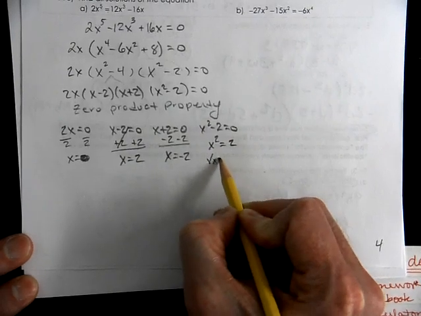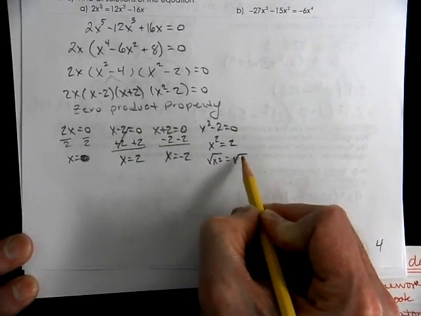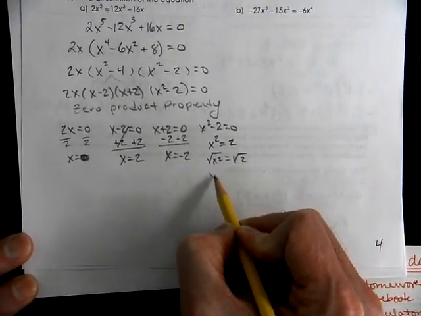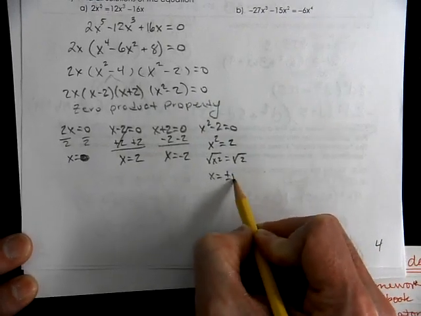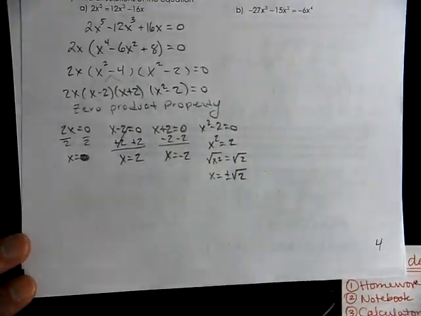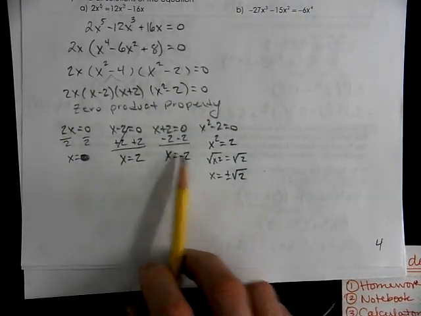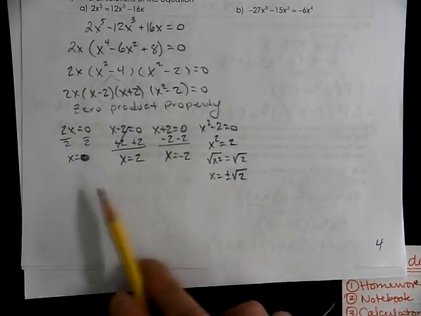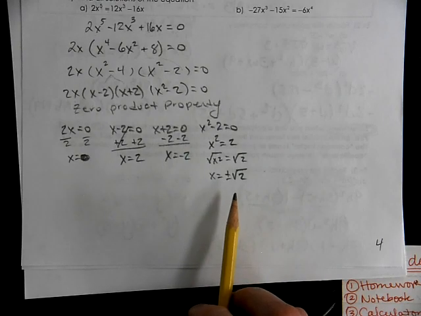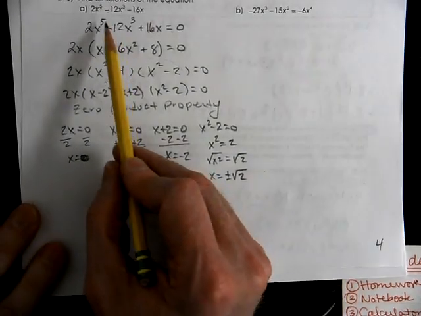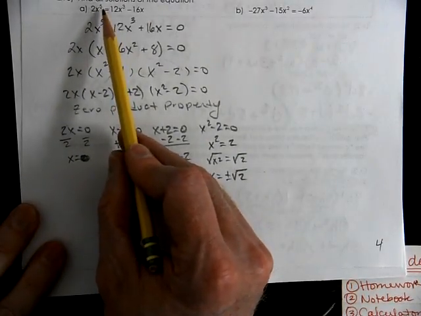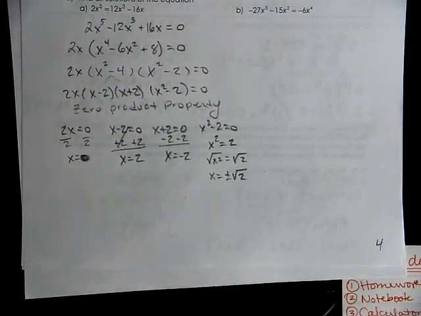Then we take the square root of both sides, and that gives us x equals plus or minus the square root of 2. So we have 1, 2, 3, 4, 5 different answers. Because this is a fifth power, we could have up to 5 answers.